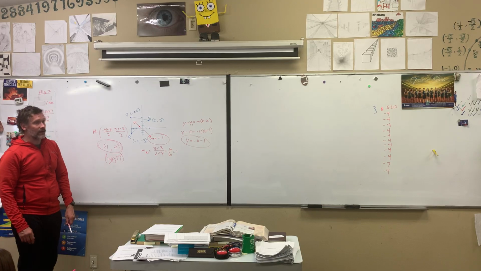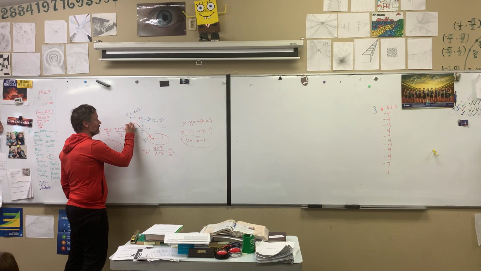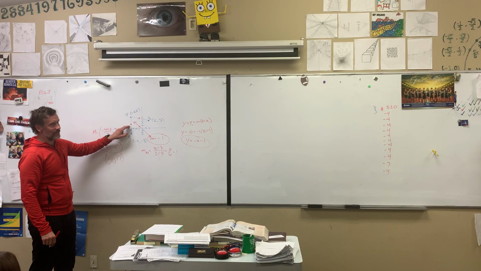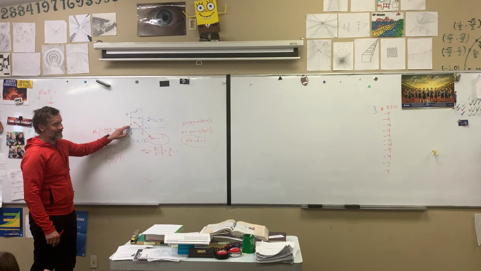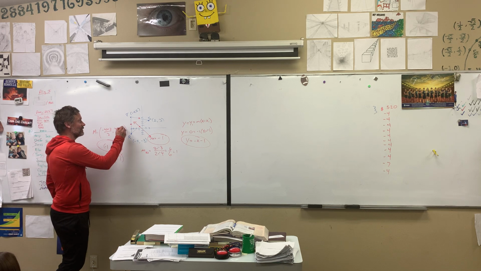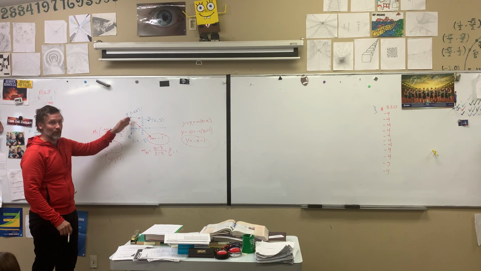Okay, now, how many of those do you have to do? 1 here, 1 here, 1 here. What's real nice about this one? It's a vertical line. If this is vertical, what does the other one have to be? Horizontal. So do you need to bother figuring out the slope of the vertical?